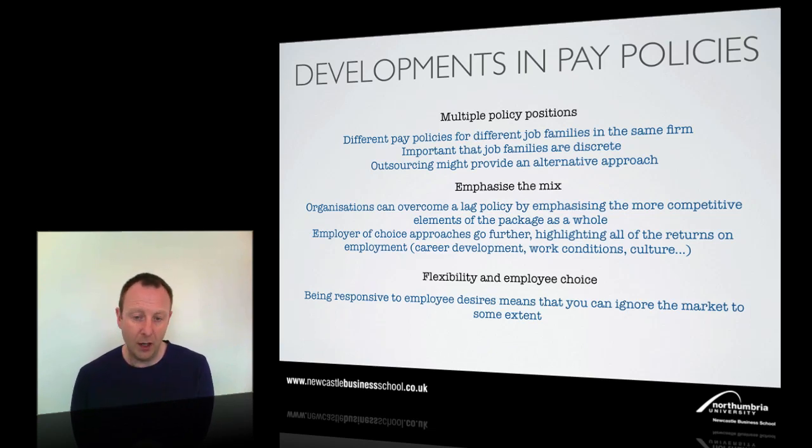So this is like taking the employer of choice approach, but then applying it individually, so that you respond to the specific wants of individual employees, not broad masses of people within a marketplace, but what do you as an individual value, and can you respond to that?